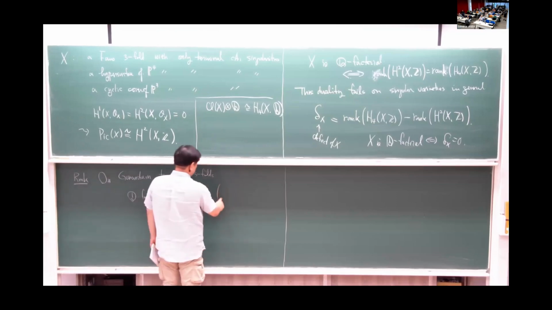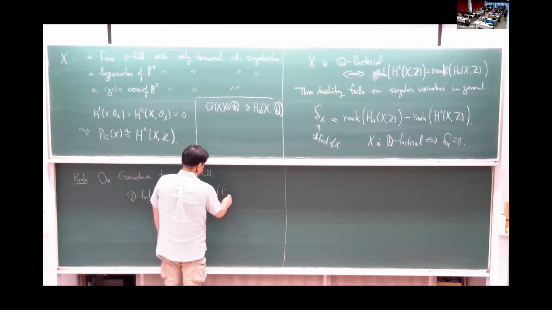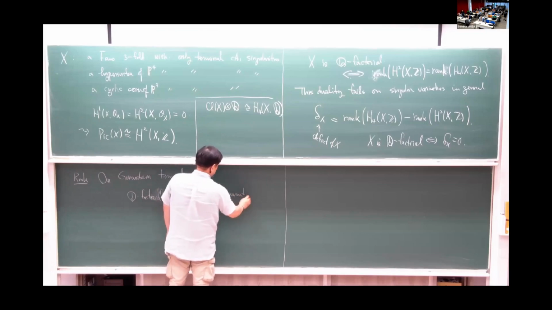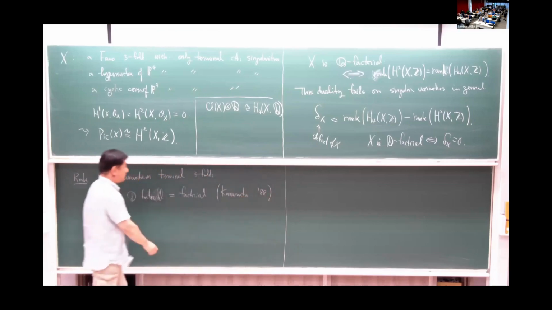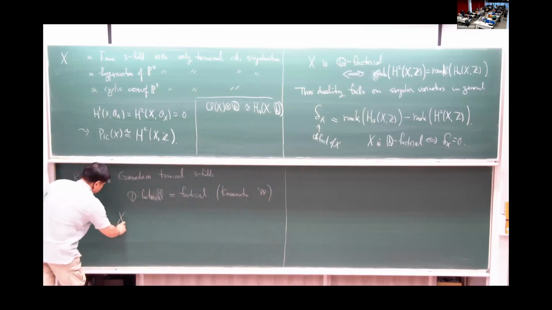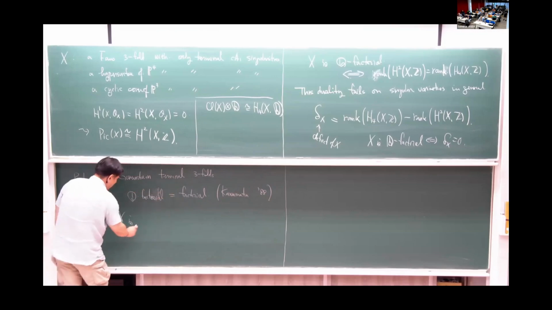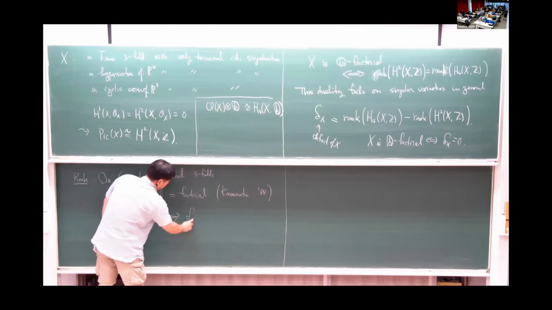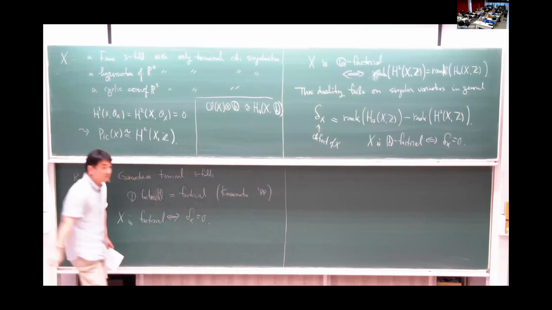This was proven by Kawamata a long time ago, I think '88. Okay, so let me rephrase that statement. X is factorial if and only if this defect is trivial.